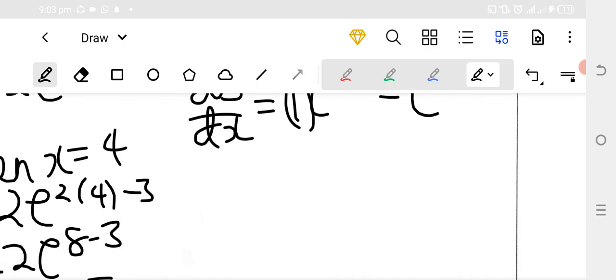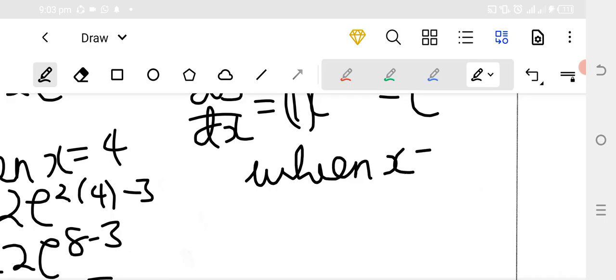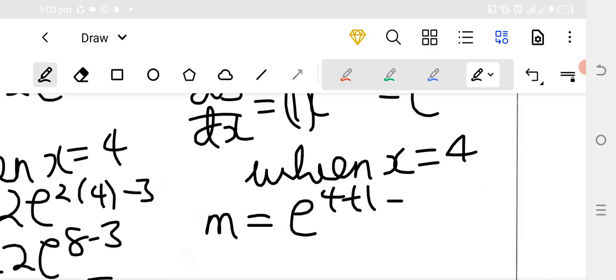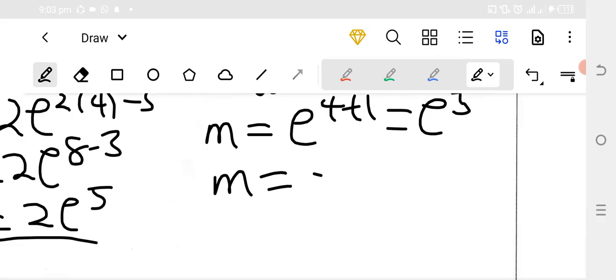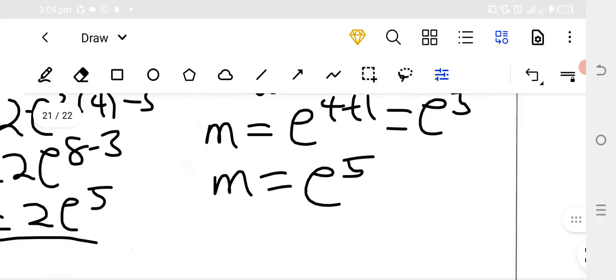And then we'll say when x is equal to 4, m is equal to e to the power 4 plus 1, which is equal to e to the power 5. The gradient is equal to e to the power 5.